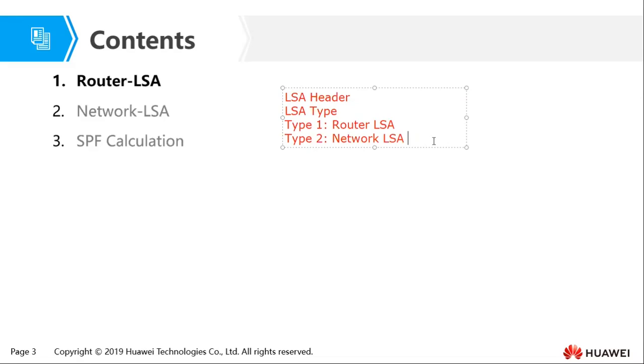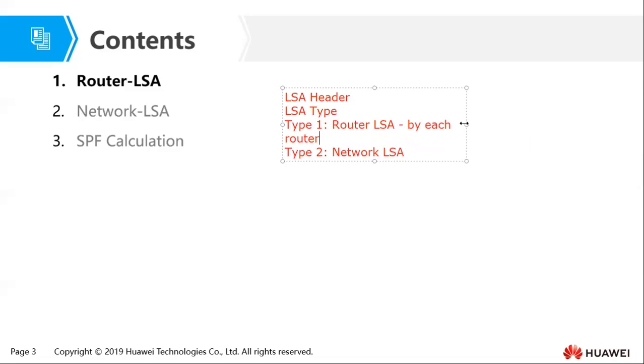So within an area, two types of link state advertisement are shared: only type 1 LSAs and type 2 LSAs. That is the Router-LSA and the Network-LSA. The Router-LSA is produced by each router in your network.